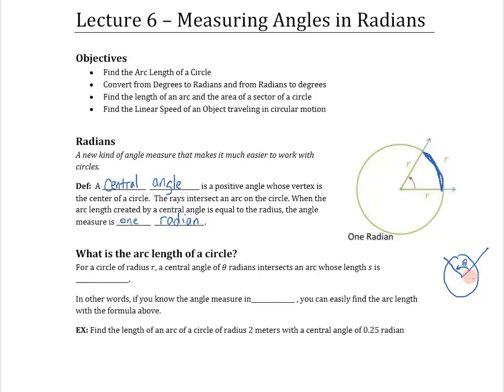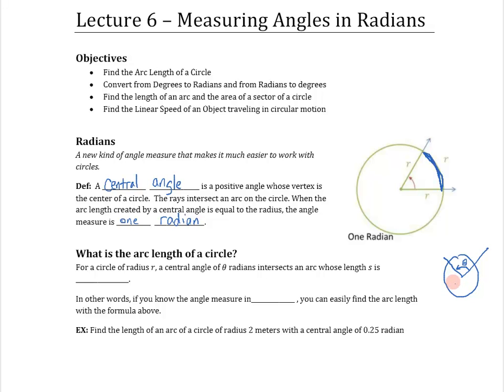Well, if it was 1 radian, you know that the length along the outside was the radius of the circle. If it was 2 radians, you would travel 2 of those distances of the radius, so you'd be 2r, or 2 times the radius of the circle.